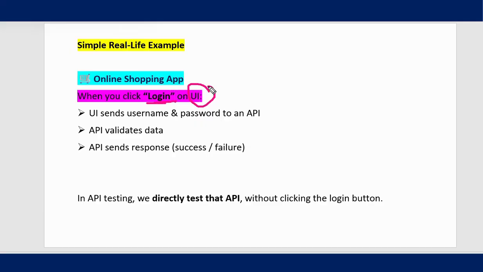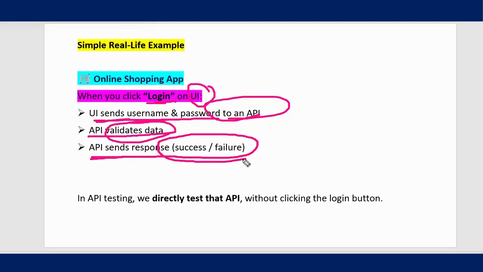So UI will send the username and the password to an API. API will validate the data. API sends the response, either successful or a failure. So that will be sent by the API.